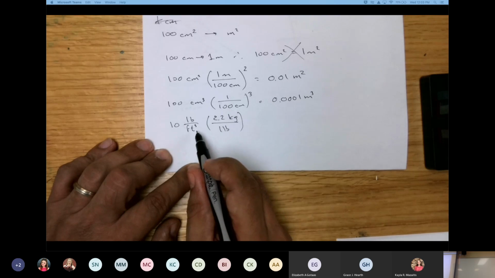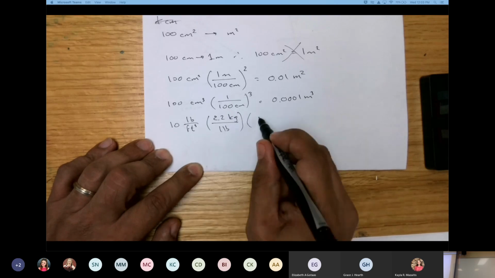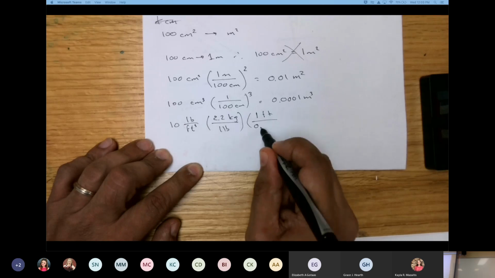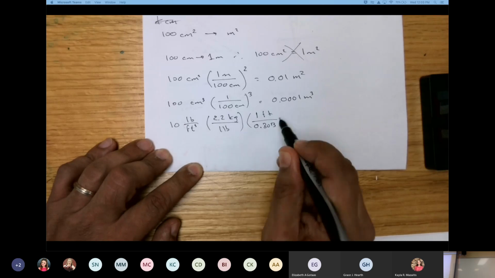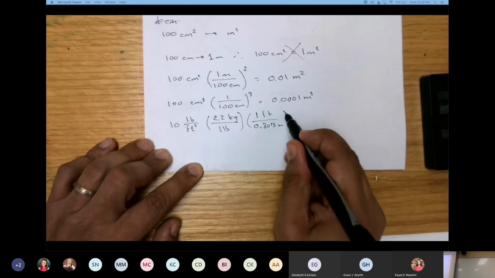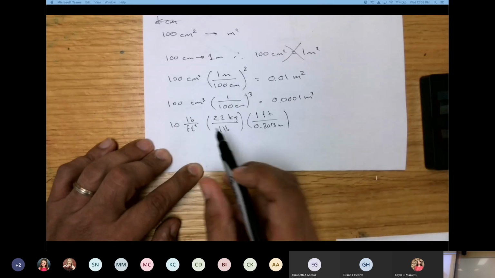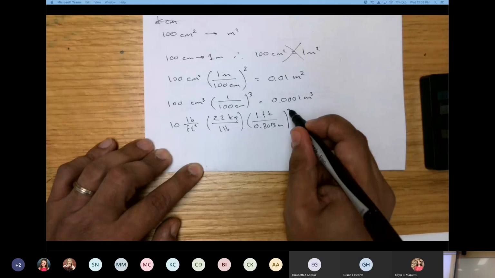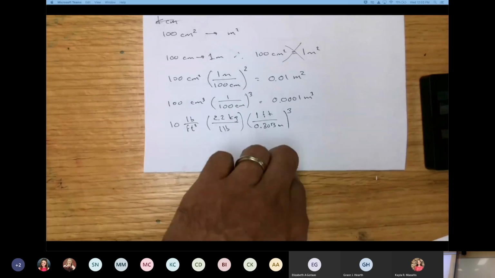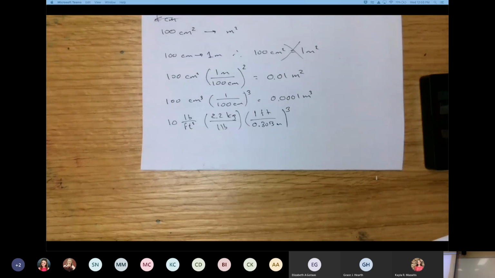So I know that 1 feet is 0.303, something like that, meters. But because we have cube, these have to be cube. And I think on your homework, I don't remember, I think you got like a 560 kilograms per cubic meter.